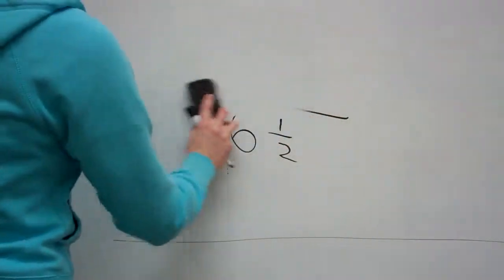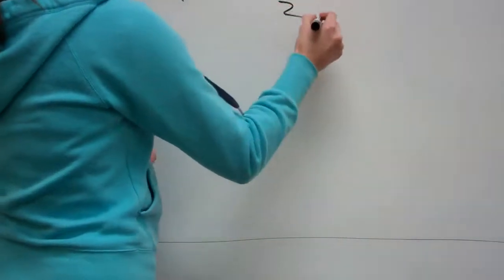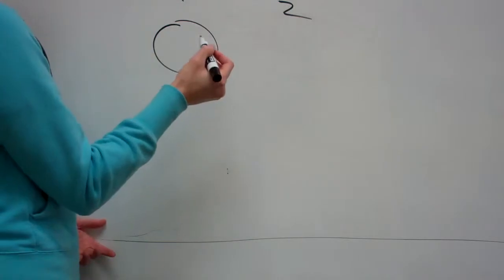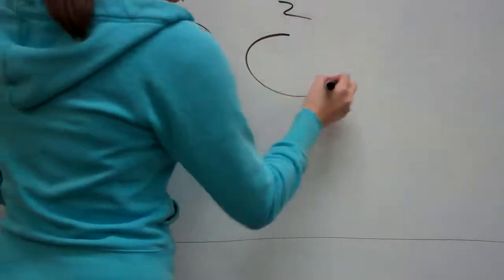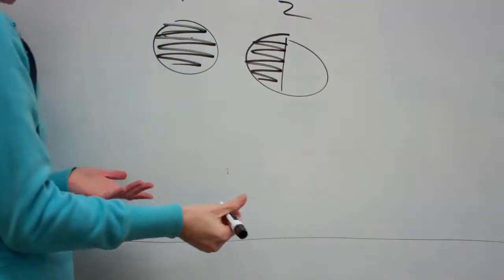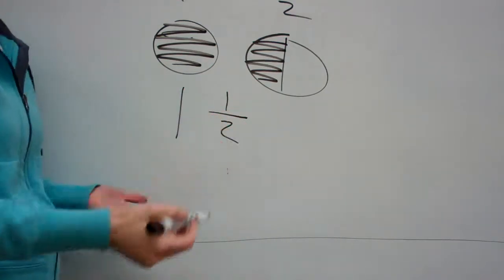Okay, let's try another one. This one's kind of easy. You can even just do it in your head. Add 1 plus 1/2. 1.5. Good. So basically I had a whole, and then I had a half. How much did I have? 1.5. Okay, pretty simple. All right, try this one.